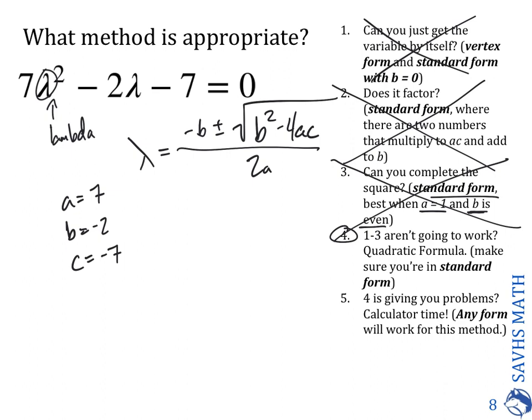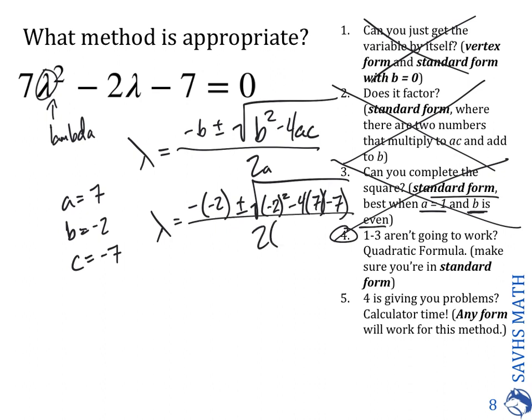So lambda equals negative 2 plus or minus the square root of negative 2 squared minus 4 times 7 times negative 7, all divided by 2 times 7.